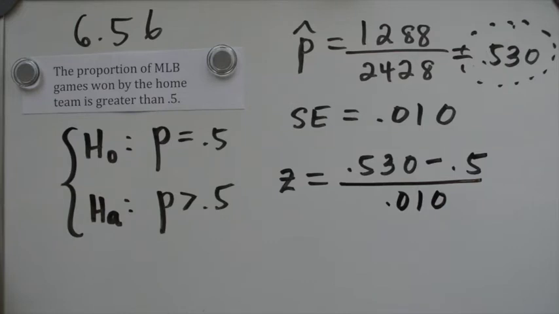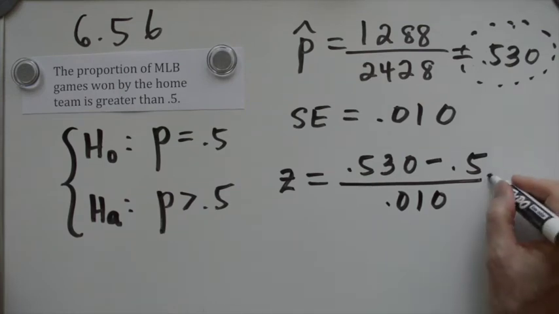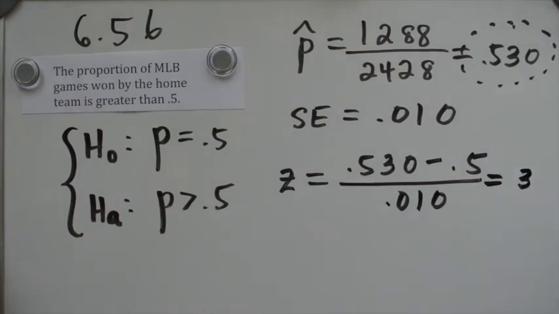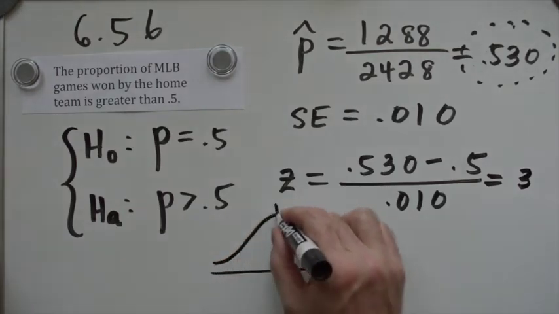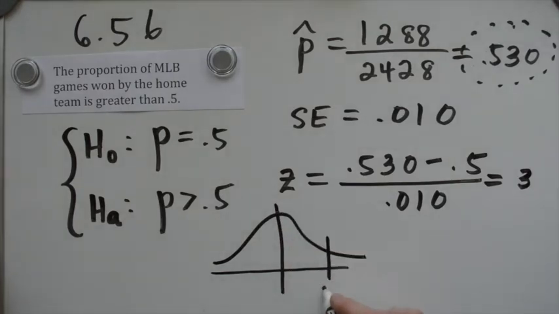When we carry out this calculation, 0.53 minus 0.5 gives us 0.03. When we divide that by 0.010, we get a z of 3. Okay, to finish off this problem, all we have to do is take our standard normal curve and find 3 and calculate the area that sits, because this is a right-tailed test, to the right of 3.